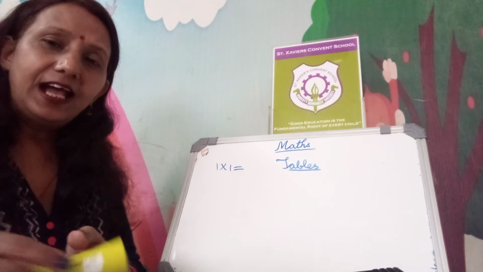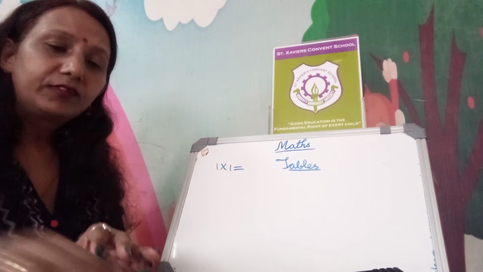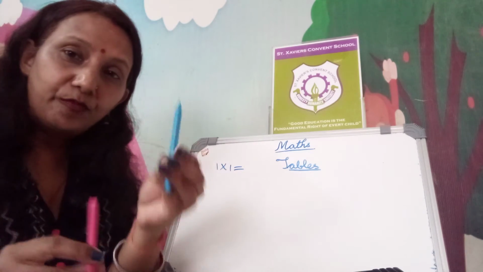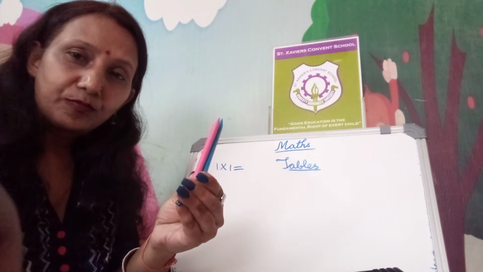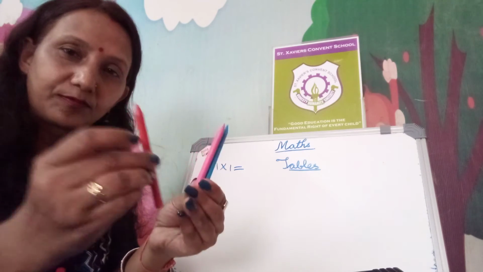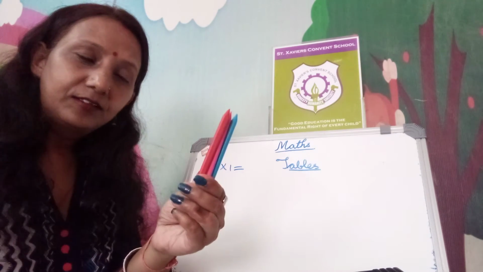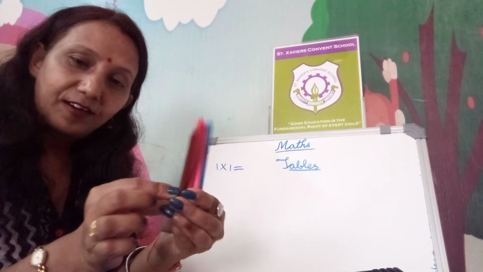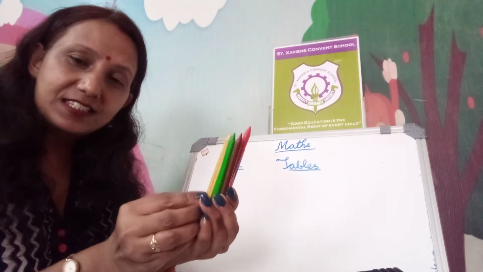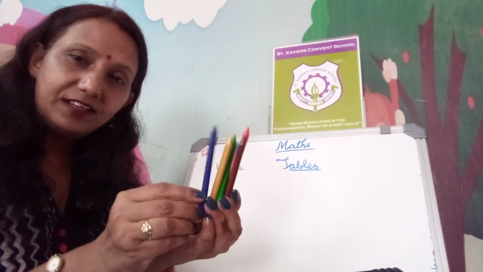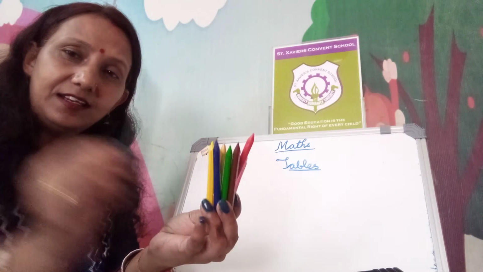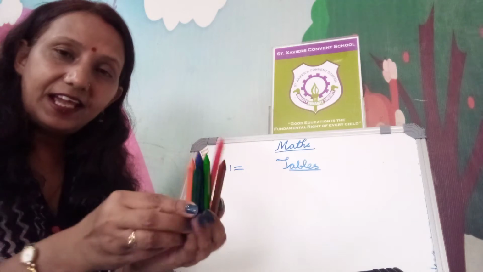The answer of multiplication by 1 is the same as the number of times.